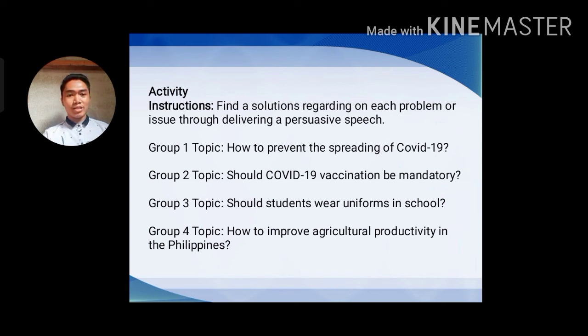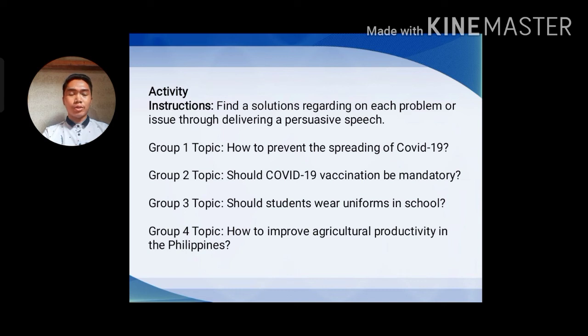The last but not the least, let's proceed to group 4. Your topic is how to improve agricultural productivity in the Philippines. Okay, very good, group 4.